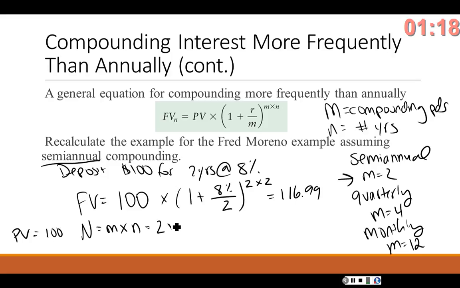So it would be 2 times 2, which is 4. And the interest rate that you would enter would be the stated rate divided by the number of compounding periods per year. So that would be 8 divided by 2, and you would get 4. Again, the payment is 0, and we're solving for the future value.